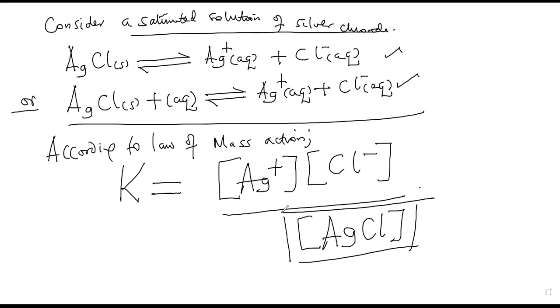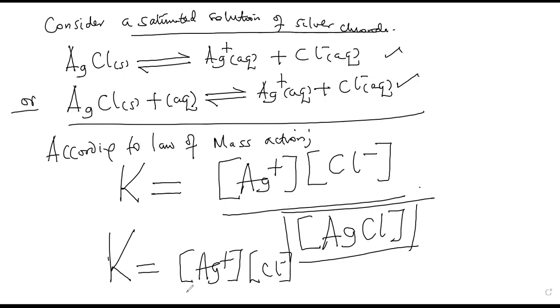We eliminated it because the concentration of the unionized solid, this silver chloride, does not change with time. Therefore, we end up having K as the concentration of silver ion times the concentration of chloride ion.